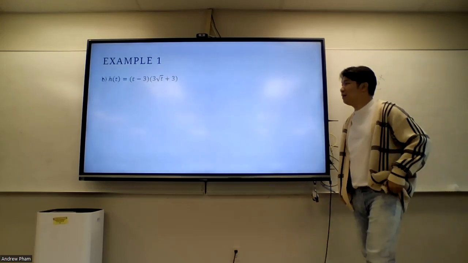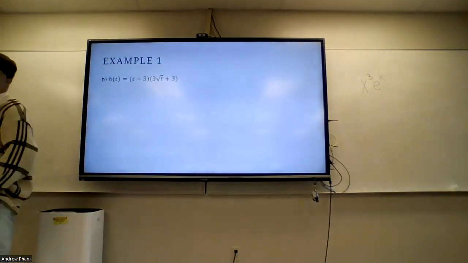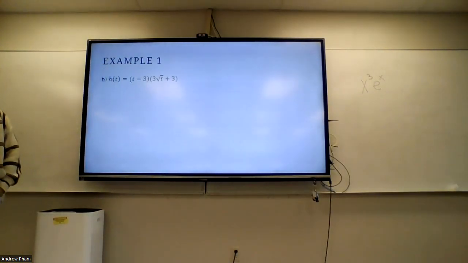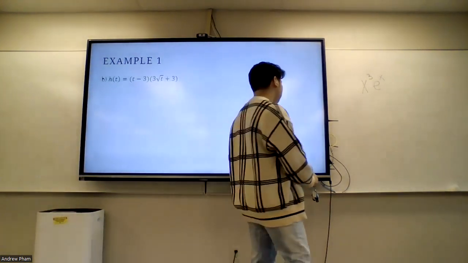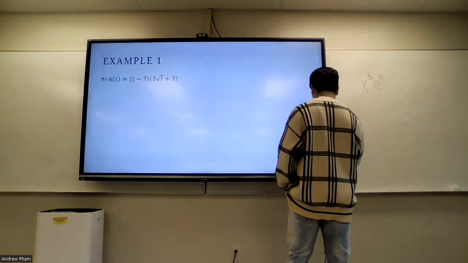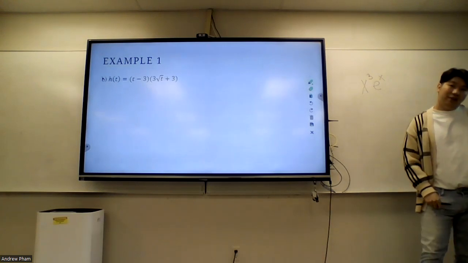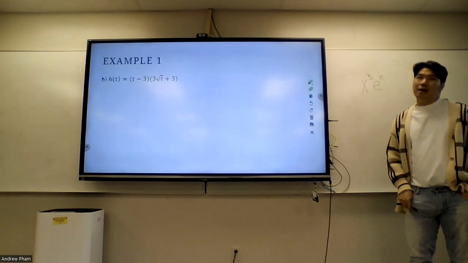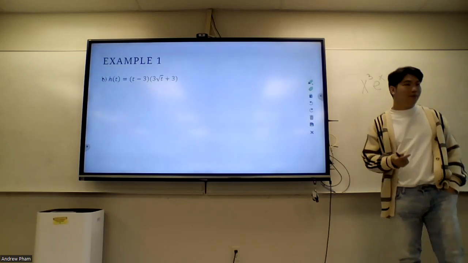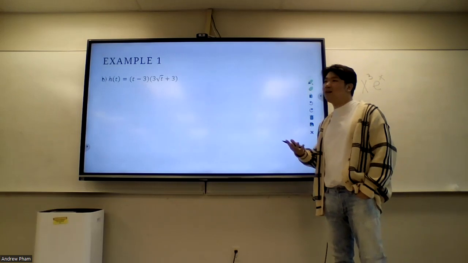Let's work on this one. h of t is equal to t minus 3 times the square root of t plus 3. Before I take the derivative, one thing that's a pretty common thing we'll end up doing is that anytime I see a square root, I'm going to convert it to its exponent form, because I can't really take the derivative of the square root whenever it's in its radical form.